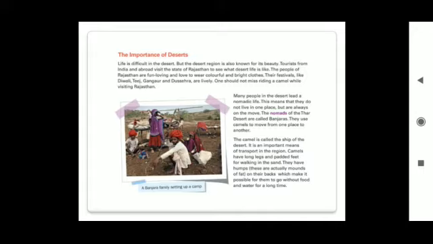This animal can walk long distances in the desert area because of the long legs and padded feet. They have humps. What are humps? They are mounds of fat on their backs, which make it possible for them to go without food and water. They store the water in the hump and can go without water for a very long time.